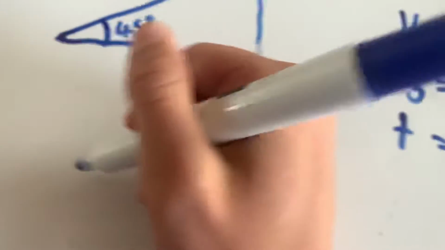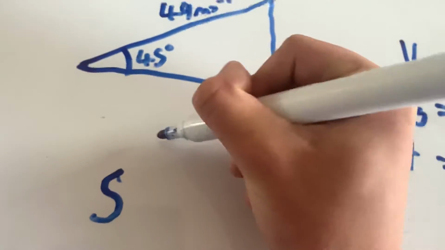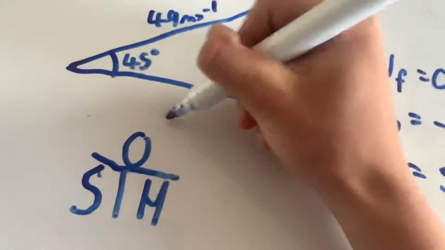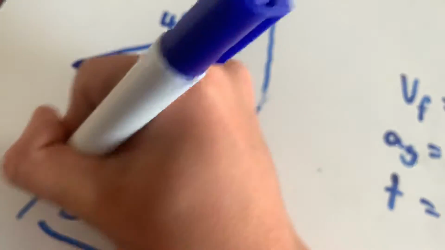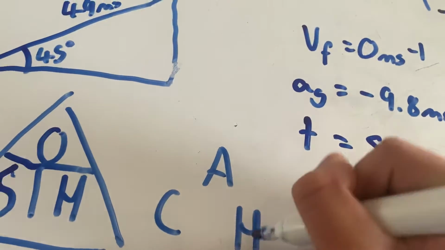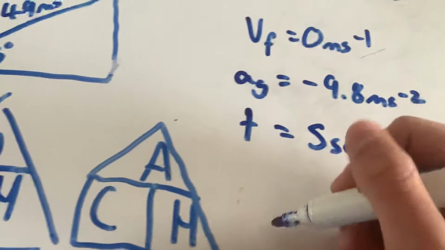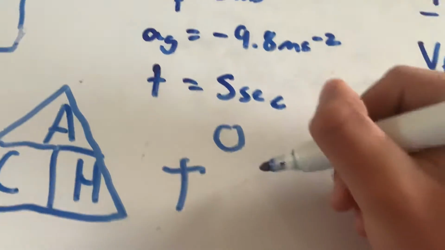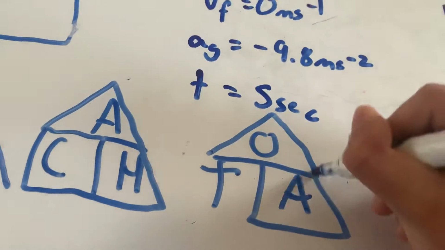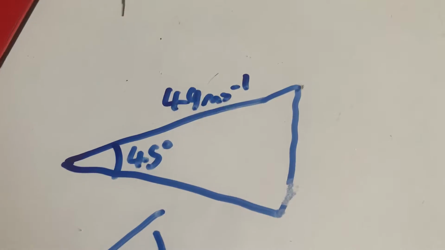So we have SOH, we have CAH, and TOA. And now before that actually, we should have labeled the triangles.